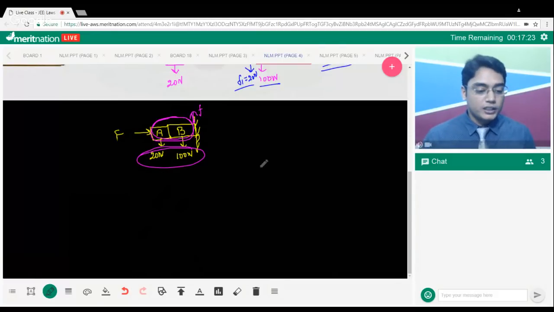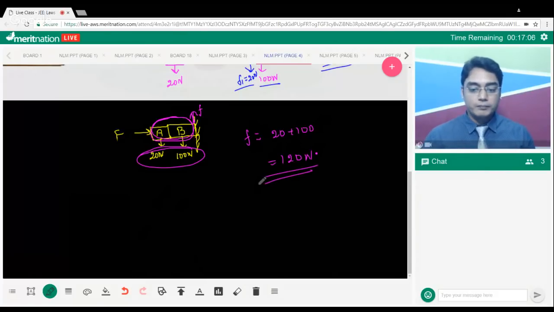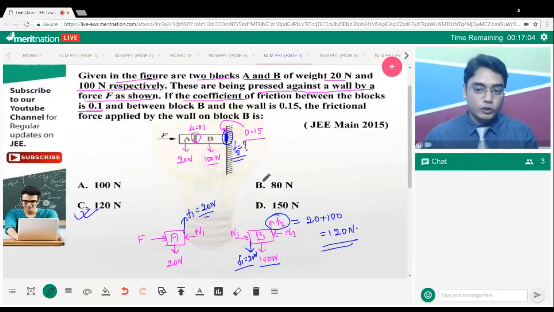So directly you can say the value of F must be equal to 20 plus 100, to balance A and B. So this is 120. Clear? So the correct option is 120 Newton.